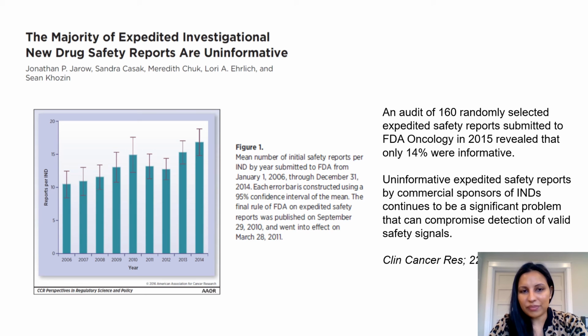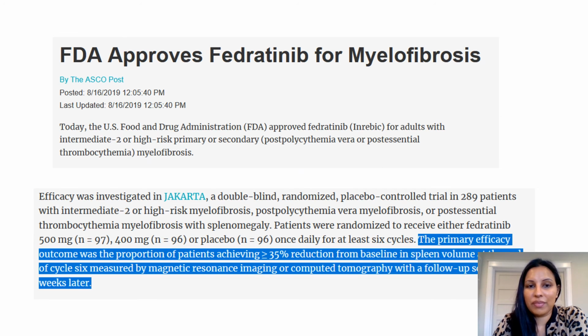Some of them were quite responsive and were able to reduce their safety reporting by 50 to 60%. This is still an ongoing effort, but I think it certainly helped to have one-on-one conversations, clarifying examples of what should and should not be reported in an expedited fashion to the FDA.